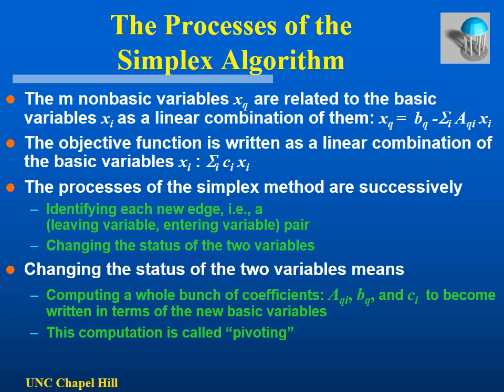Then what we see is that the processes of the simplex method are to successively first identify an edge, which will be identifying a leaving variable and finding the associated entering variable, and then changing the status of the two variables, making the leaving variable leave the basic set and the entering variable enter the basic set.